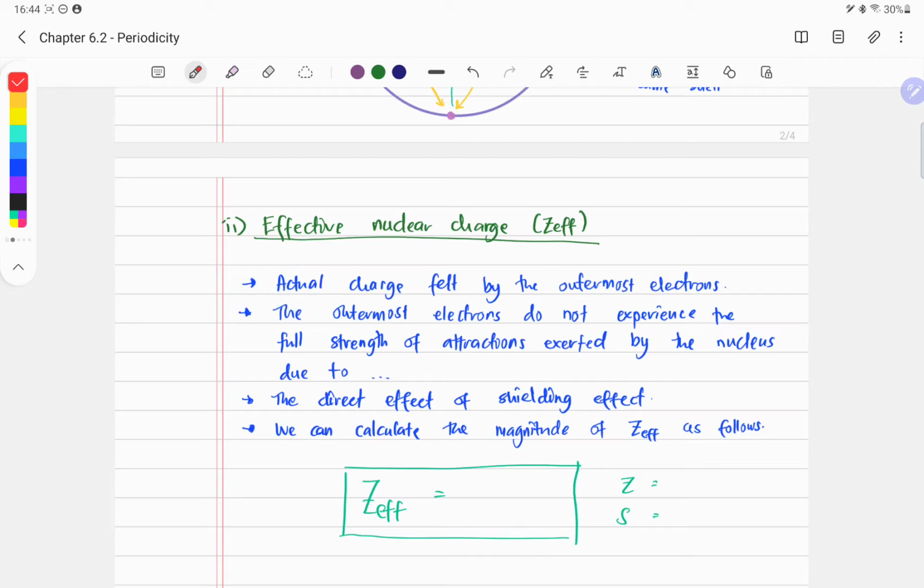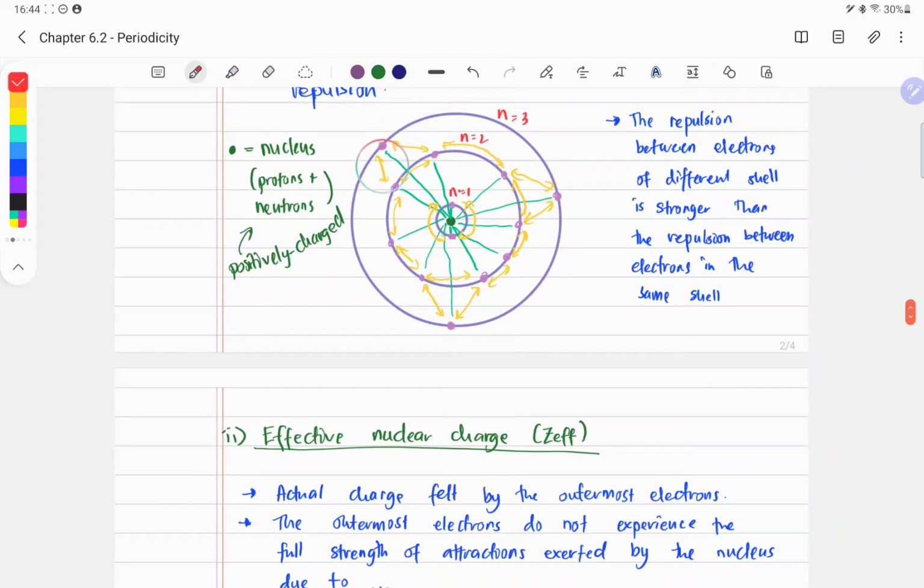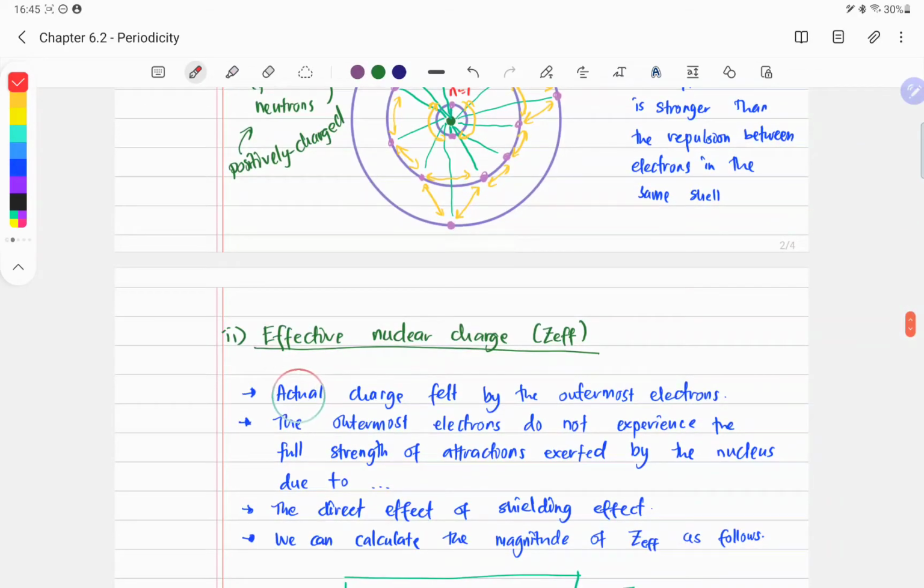So effective nuclear charge, what it is, the actual charge felt by the outermost electrons. So kalau kita tengok tadi, kita nampak elektron ni tolak kan. So kita boleh cakap yang elektron paling luar ni, dia merasai kesan positif oleh proton dekat dalam nukleus. Tapi sebab tolakan yang ada, dia memberikan daya tarikan yang lebih lemah daripada yang sepatutnya. So sebab tu kita cakap it is the actual charge felt by the outermost electrons.